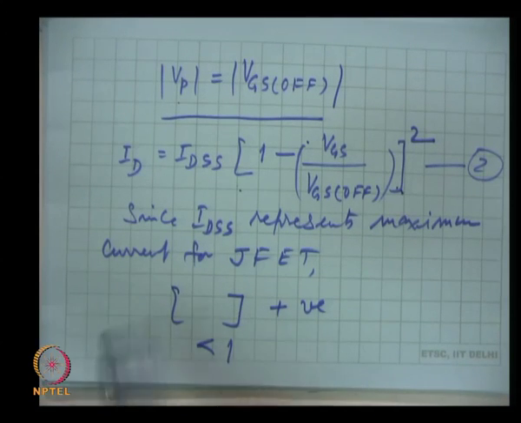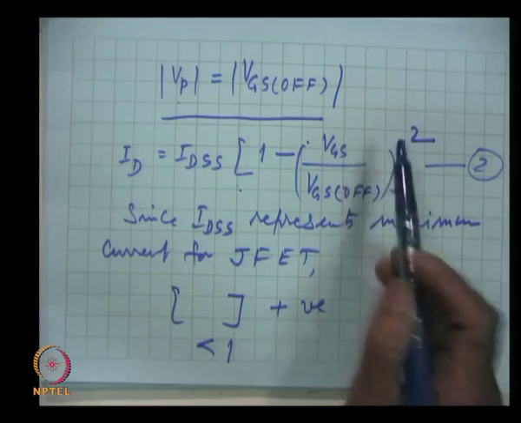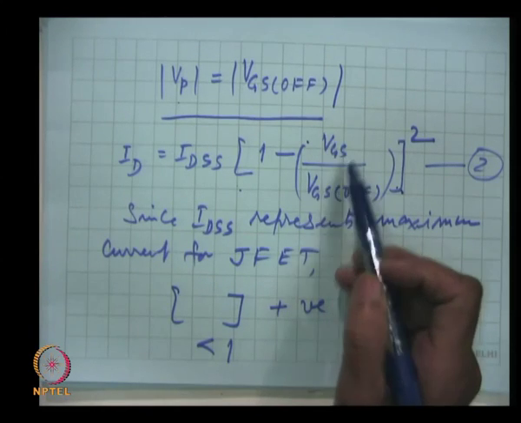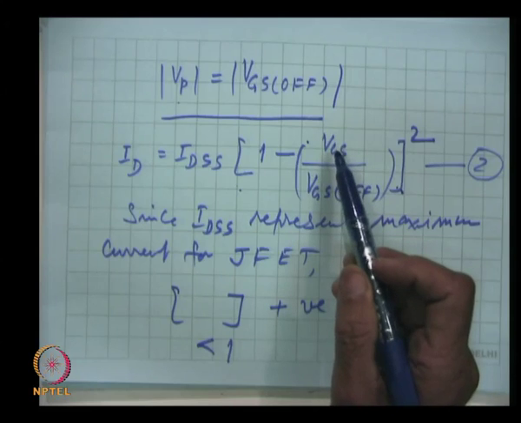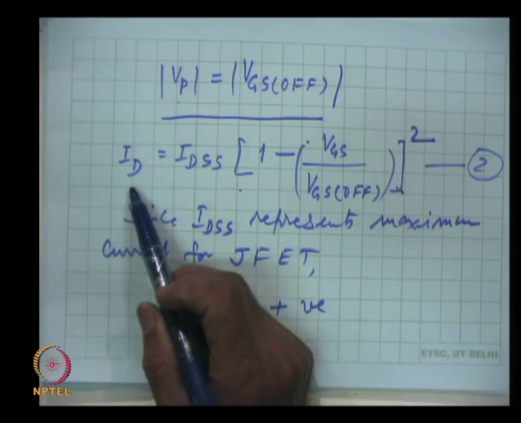Now, why I am saying this: we can just substitute VGS for any gate source voltage at which we want to know the drain current for the device.